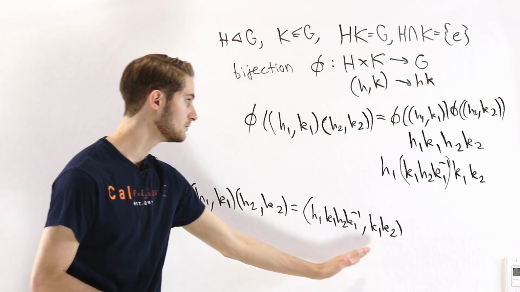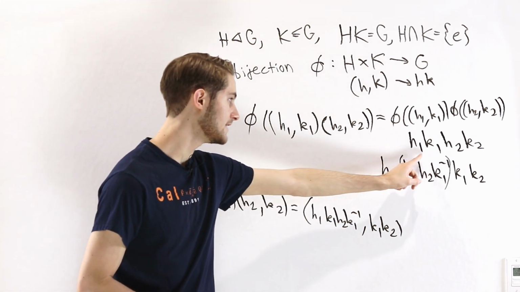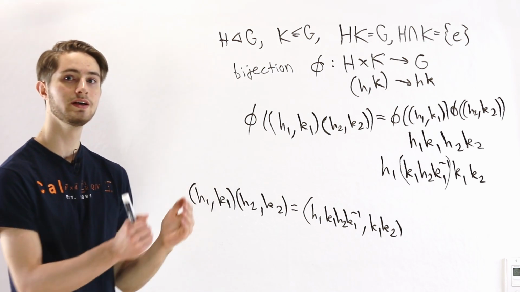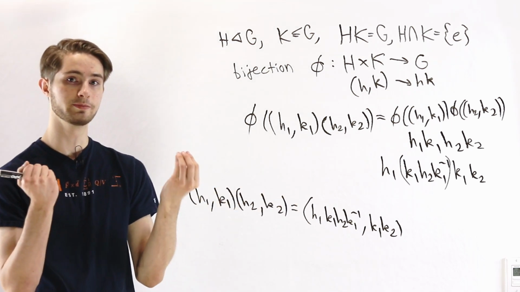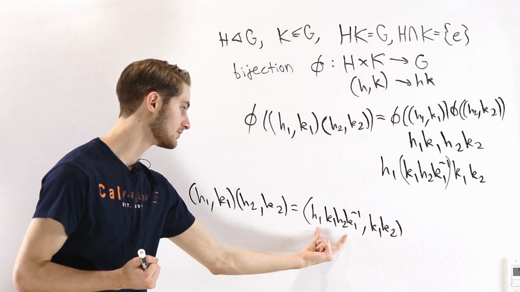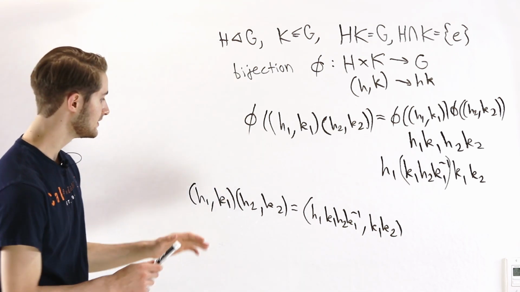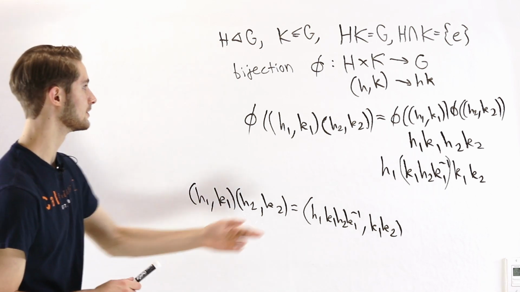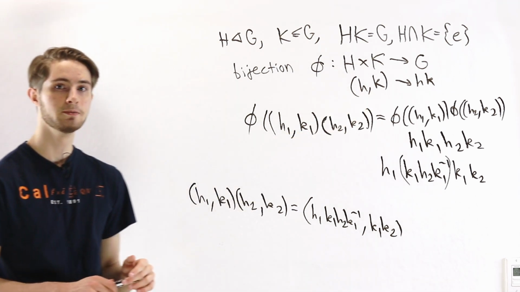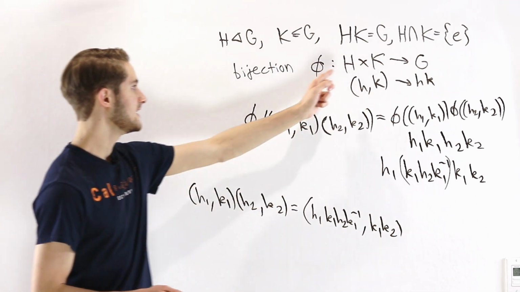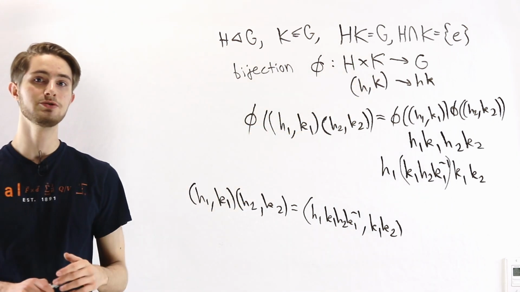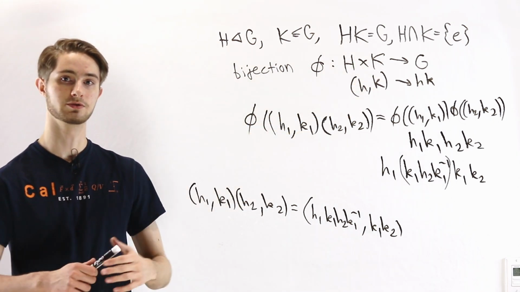So this is just a way to take a product of H1 K1 H2 K2 and split it up into an ordered pair where the first element is from H and the second element is from K. Now remember that the elements in this group are of the form H, K, but we don't write the group as H cross K because often that's used to talk about the direct product of groups.